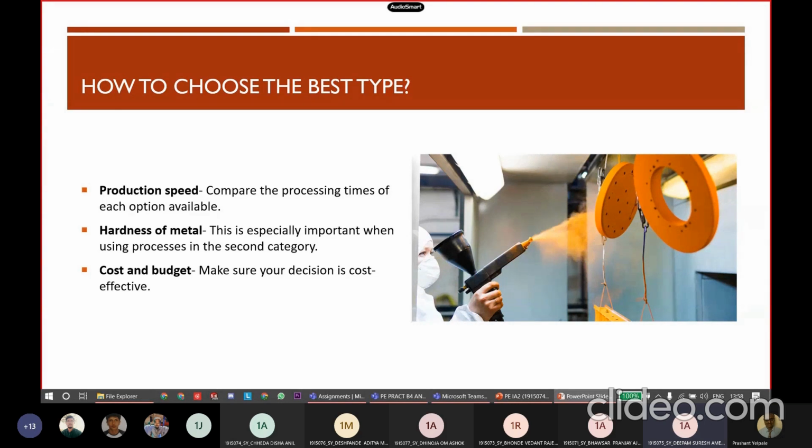You can avoid that cost and choose a process with a slightly longer processing time, so that way you can juggle between cost and production speed and come up with the best possible process. So making the decision cost effective is obviously one of the key factors.